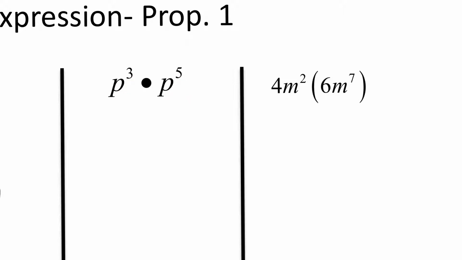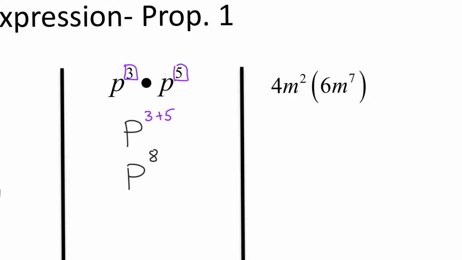So what we do, properties of exponents, when you multiply monomials and you have the same base, p, and there's another p, you are going to keep the base. So there's the base p. We are going to add the exponents 3 and 5. So 3 plus 5, you simplify to p to the 8th power. 3 plus 5 is 8. Now guess what?